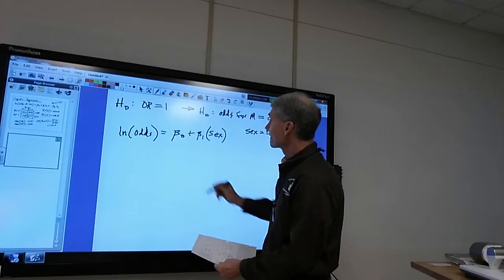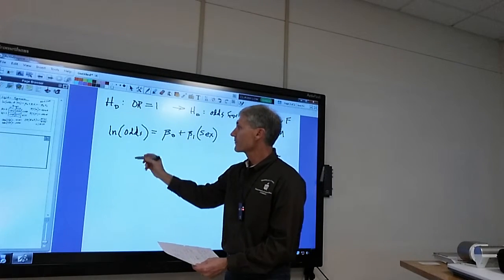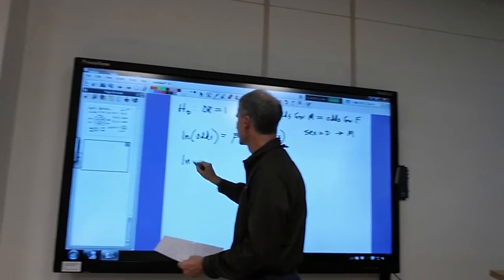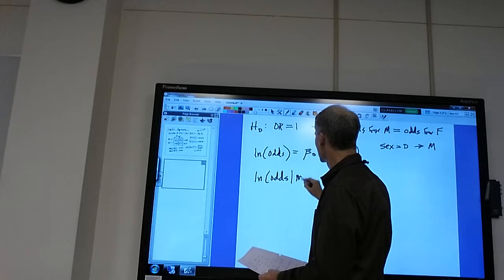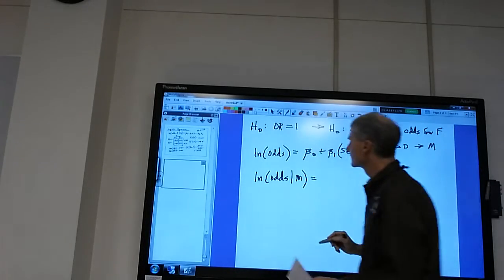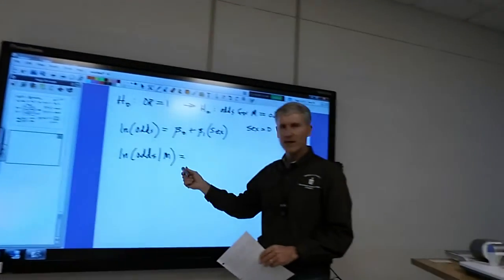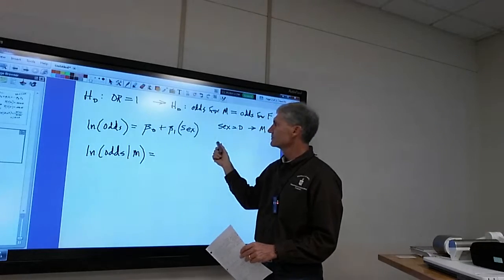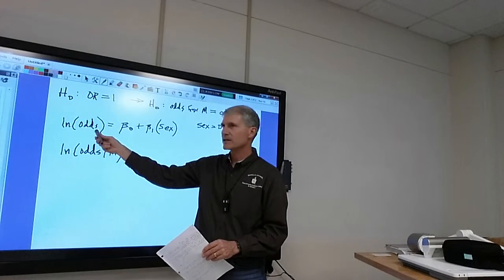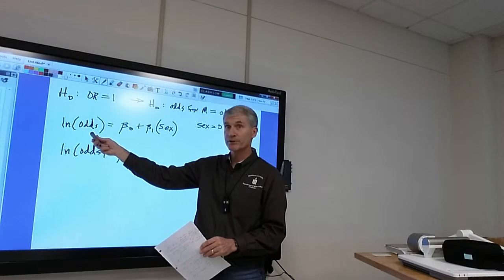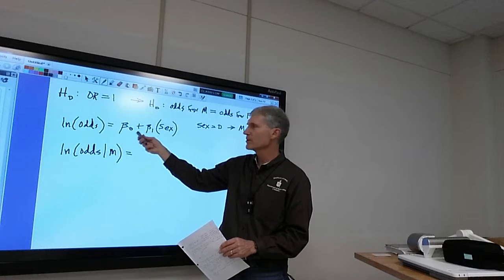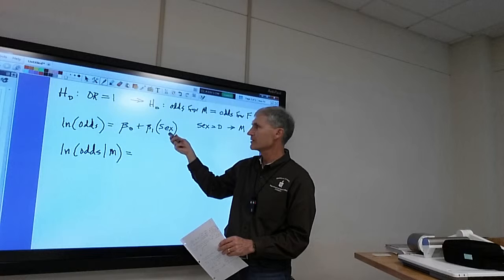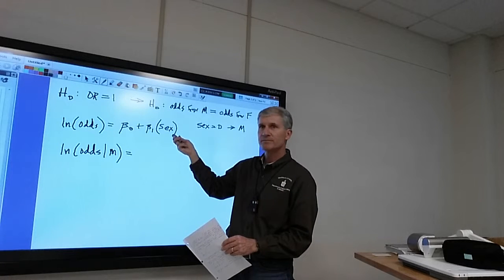Okay, so the log odds for males, well, wait, before I do that, look at the model. It says the log odds for a person, male or female, is equal to beta 0 plus beta 1 times their gender.